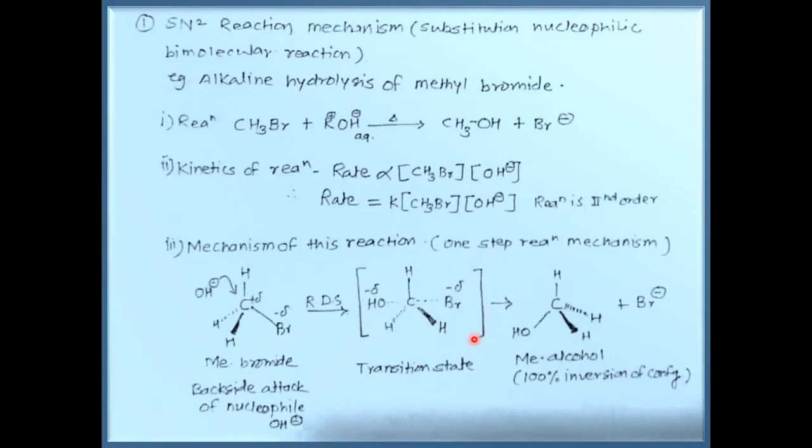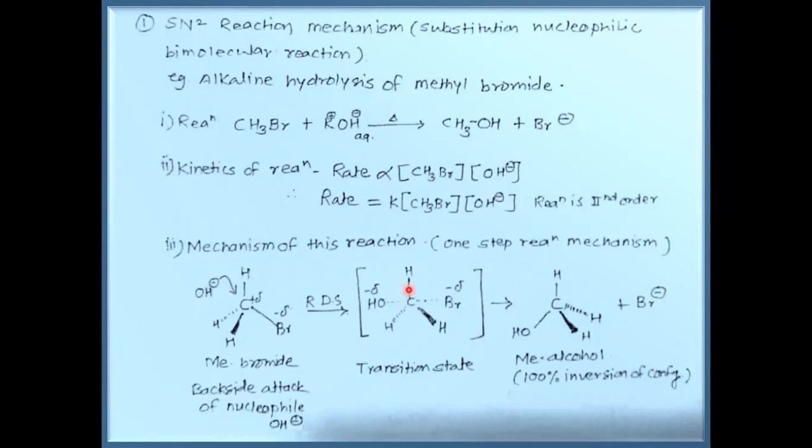Okay, so it is an unstable state, and you know, the less the stability, the more the energy content. The more the stability, the less the energy content. Now see why this is unstable. Because in this transition state, carbon has a total of 4 valencies, but here we are seeing 5 valencies.